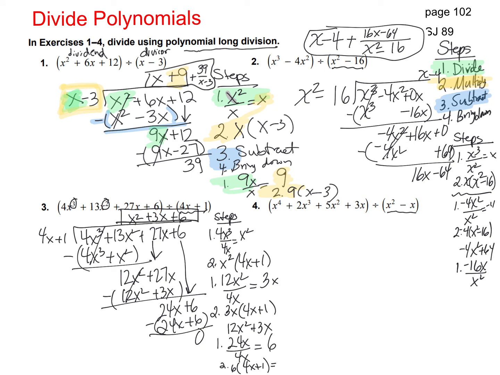Okay, for the next one, I'm going to put my divisor on the outside and my dividend on the inside, x to the 4th, 4, 3, 2, 1. I probably won't need a plus 0 on the end, but I'll put it just in case.